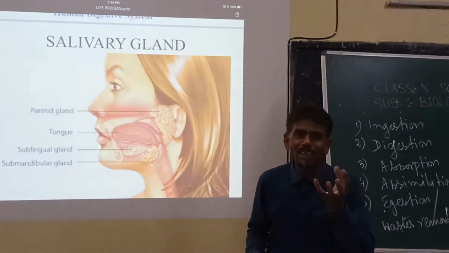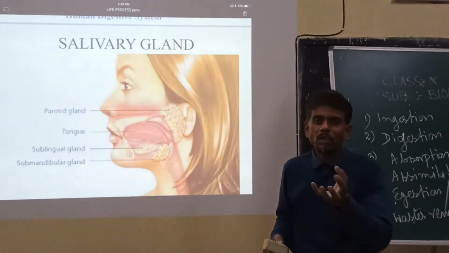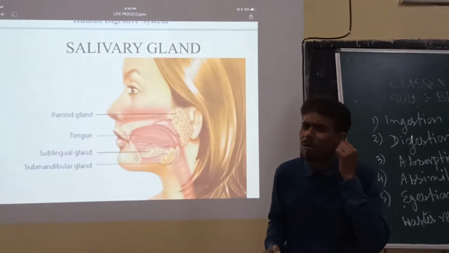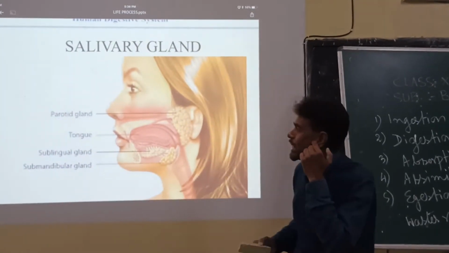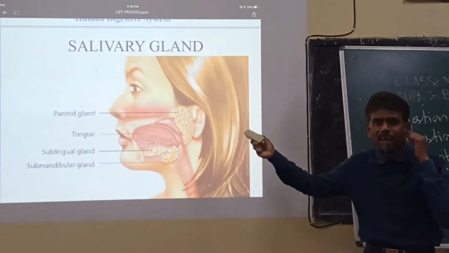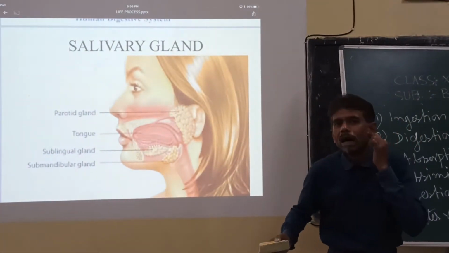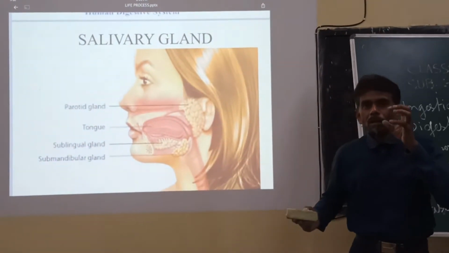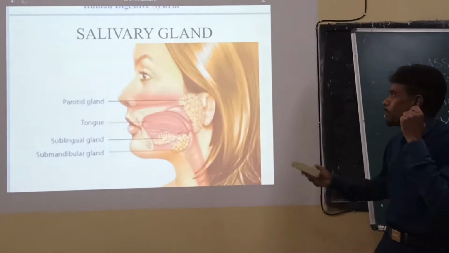When you take some salty or sour substance, we feel as if some watery secretion is coming from the side of our tongue. That is nothing but the parotid gland. This side and this side, both at the base of the tongue. Here, clusters of granular structures form the parotid gland.